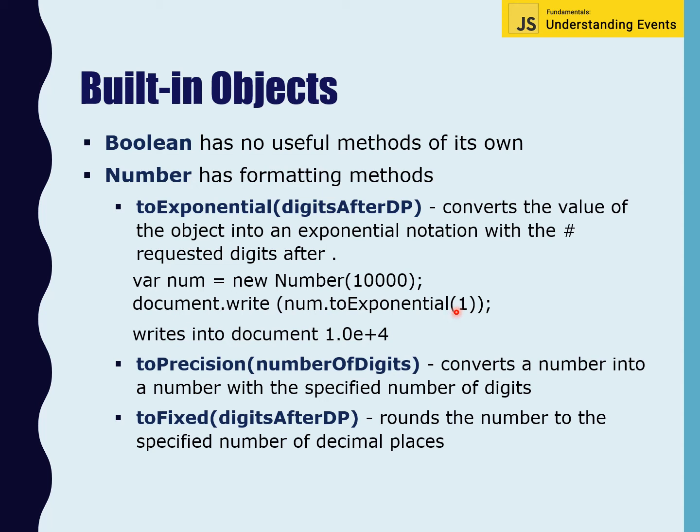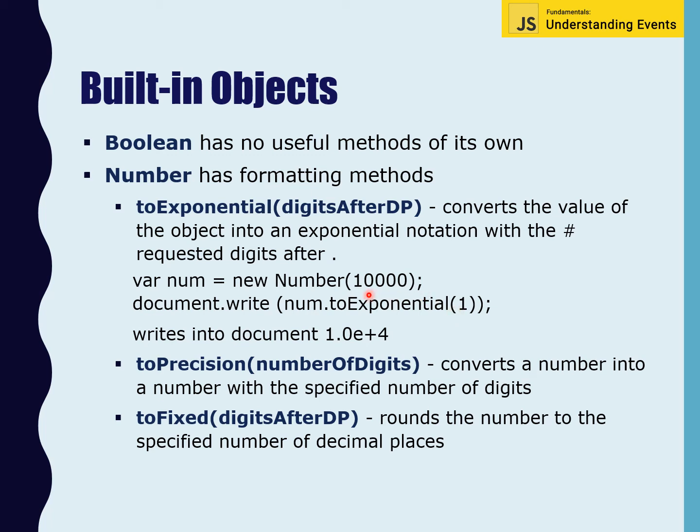What happens in the toExponential function is it converts the value of an object into an exponential notation with the requested digits after the decimal point. Here we are specifying the number of digits after as 1.